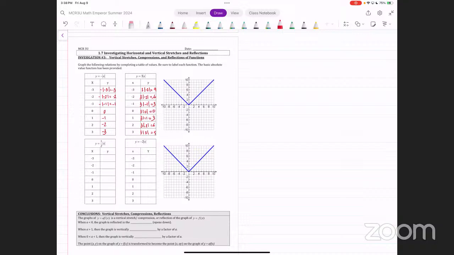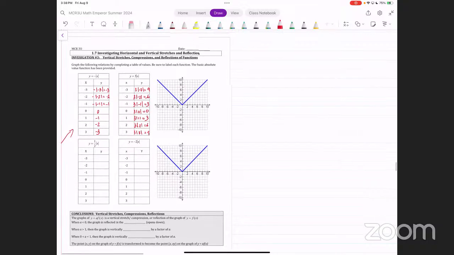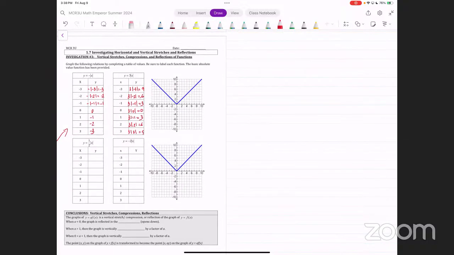I plotted. You plotted. So what's happening to the first one? What do you think happened in the first graph? What is the first one doing? It's reflected in the x-axis, isn't it? So that minus will reflect on the x-axis. What do you think the second one is doing? The graph is narrower.